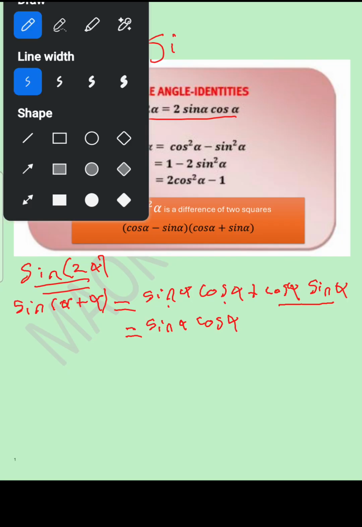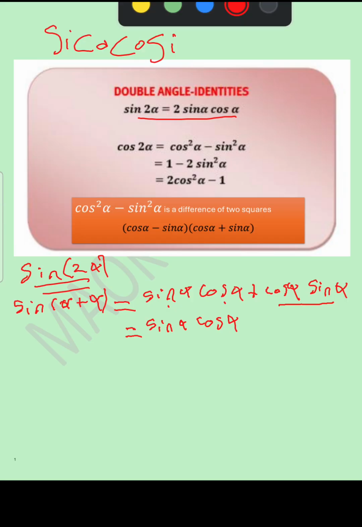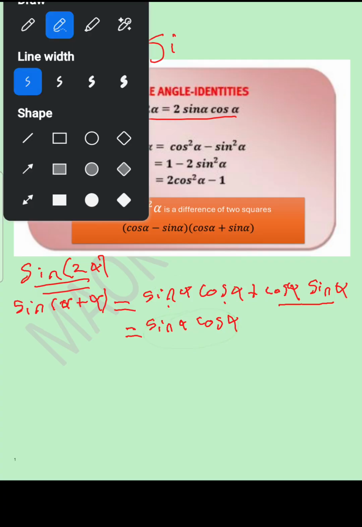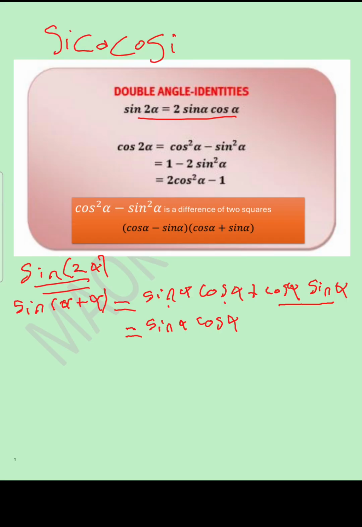So here I'm still rewriting this. Now plus cos alpha, plus sine alpha. So I'm just changing the order here.